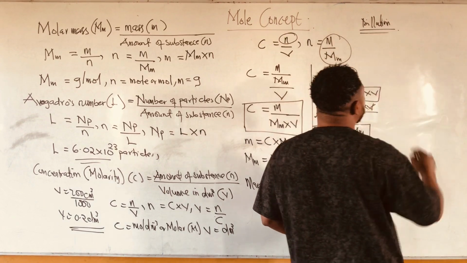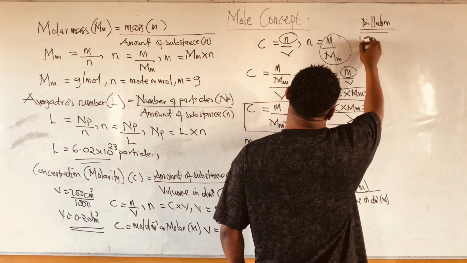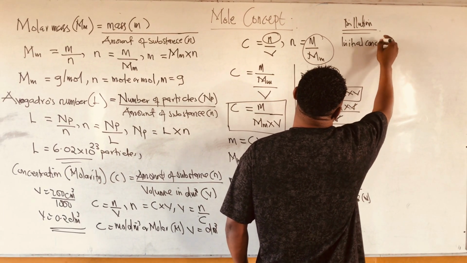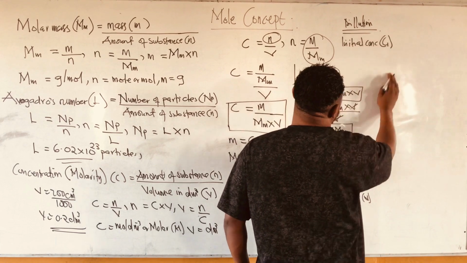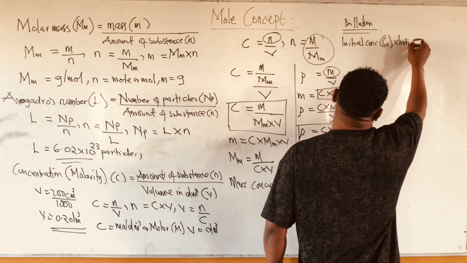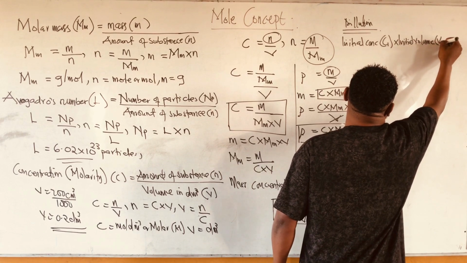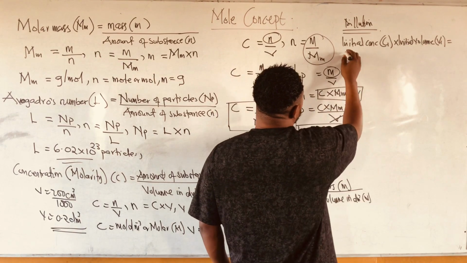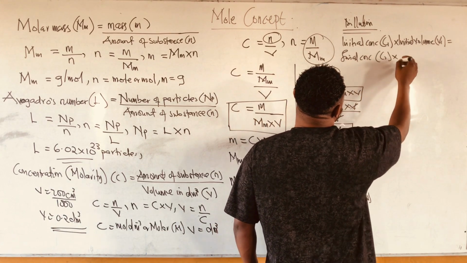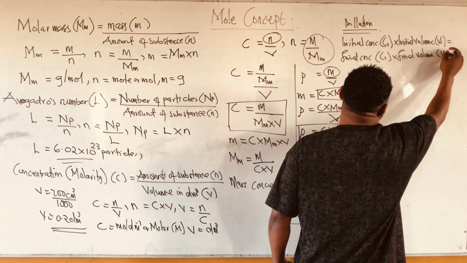One thing we need to know about dilution is that the initial concentration, let me shorten it, C1, times the initial volume, V1, should be equal to the final concentration, which is C2, times the final volume, which is V2.